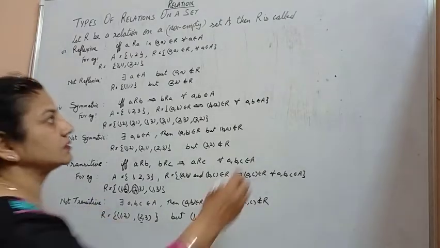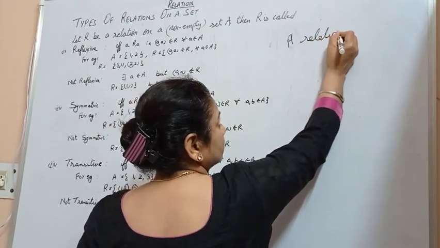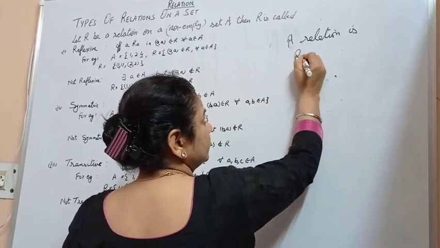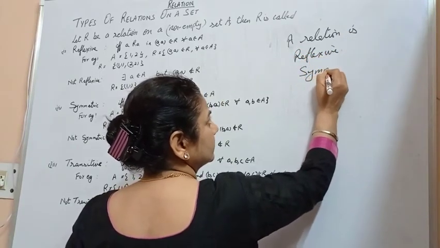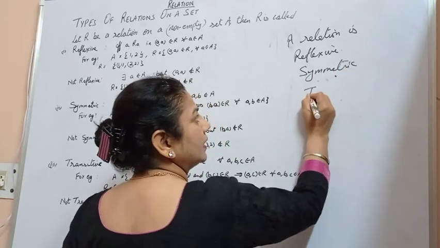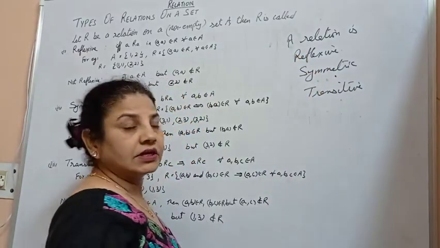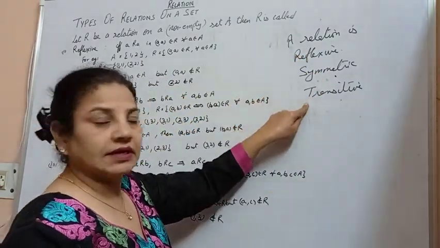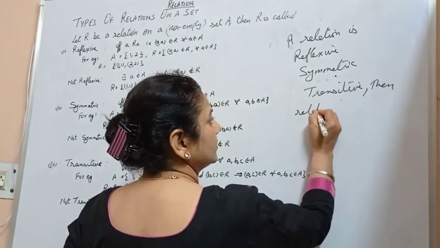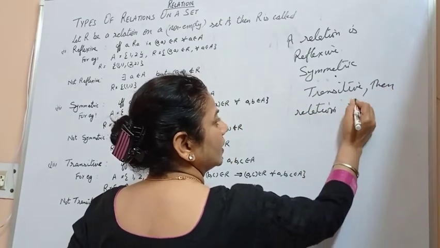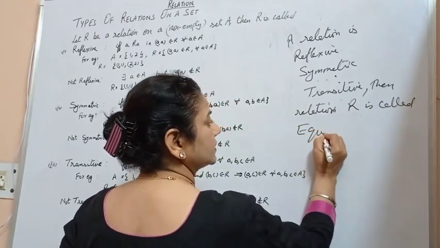So if a relation is reflexive, symmetric and transitive, then relation R is called an equivalence relation.